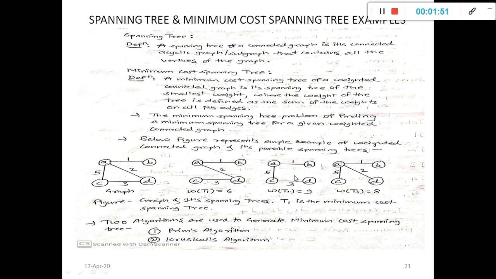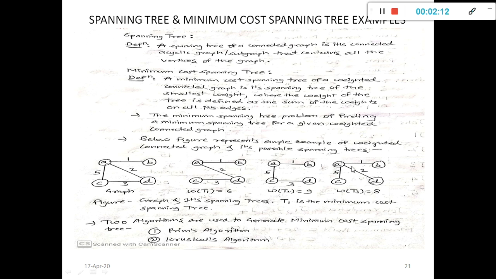Similarly, the second spanning tree also includes all the vertices and no cycle, and it looks like from A to B with distance 1, from A to C with distance 5, from C to D with distance 3. Similarly, the third spanning tree looks like this.